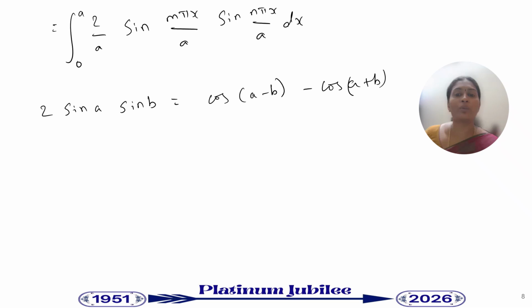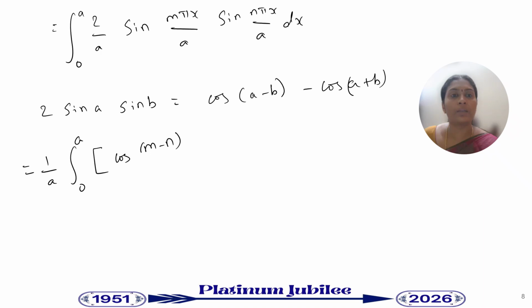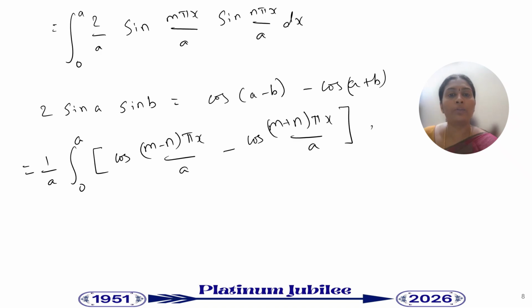Using this formula, we are going to find the value of the above integration, which is going to be integral 0 to a of cos((m minus n) pi x by a) minus cos((m plus n) pi x by a) into dx.